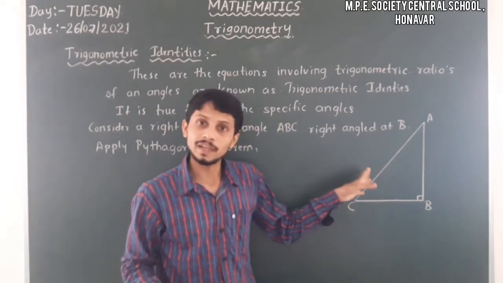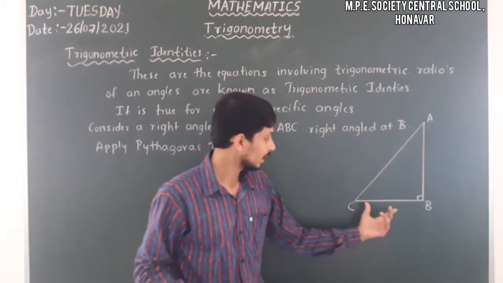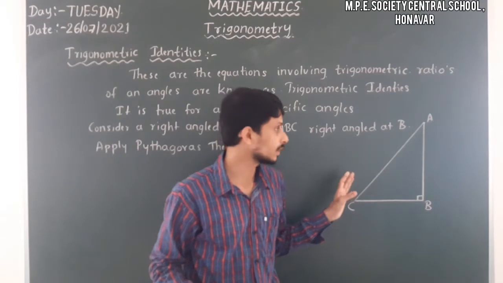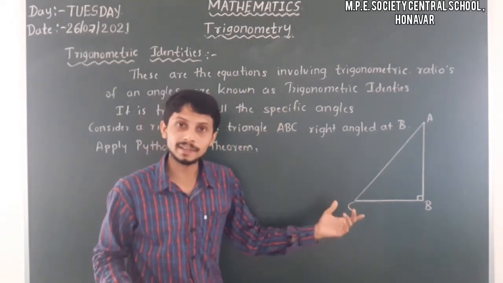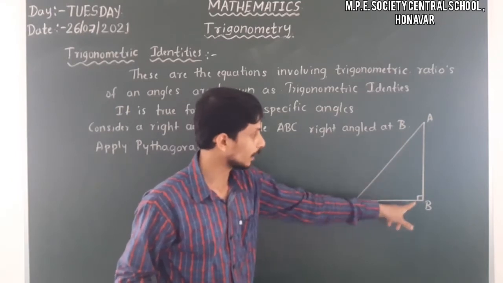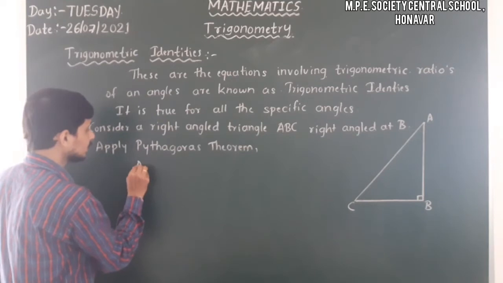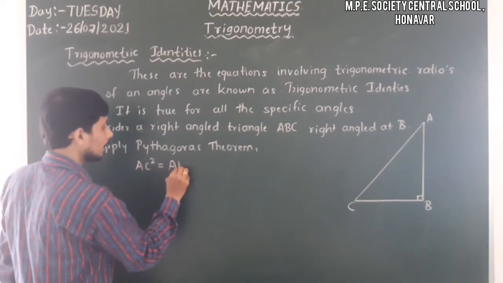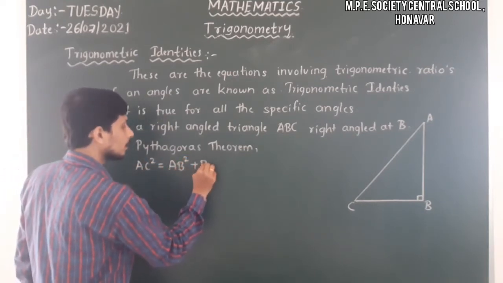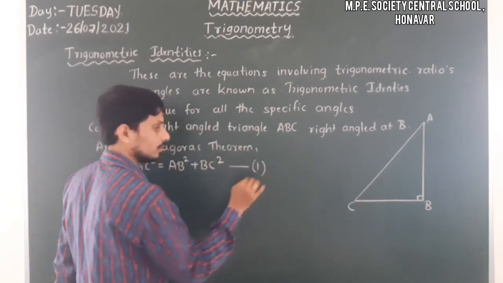That's why AC is the hypotenuse and these two are the other two sides. Applying the Pythagoras theorem, we get AC square is equal to AB square plus BC square. I will take this as equation number 1.